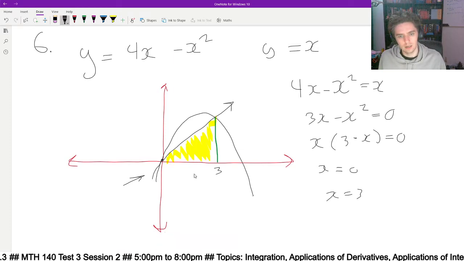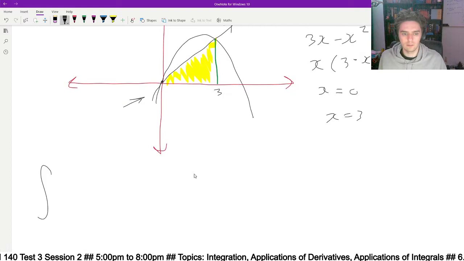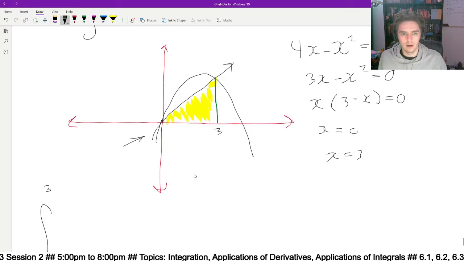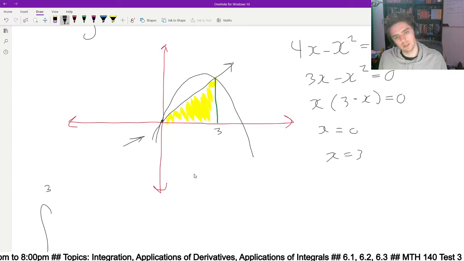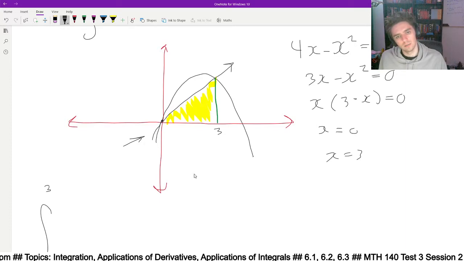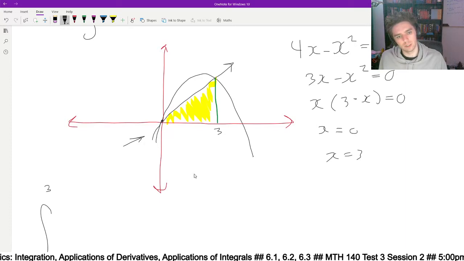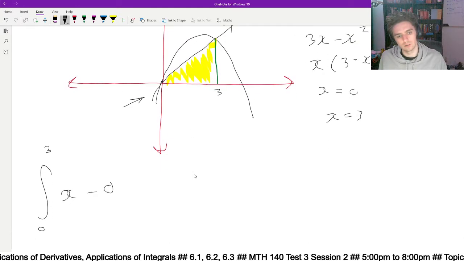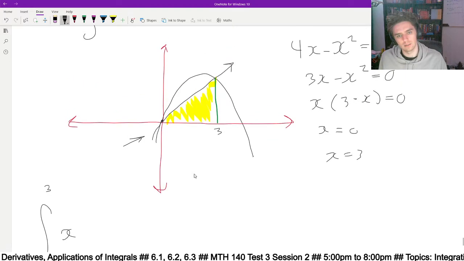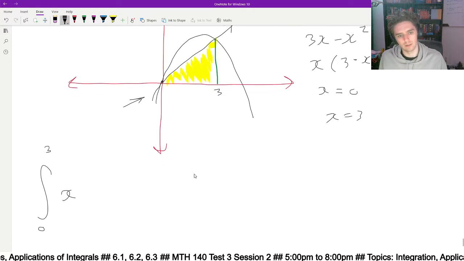So we're going to integrate from 0 to 3 of just the top function minus the bottom function. But in this case, the top function is just y equals x. The bottom function is just 0. So we don't even have to integrate that. We're just looking for the area under the curve of that function.